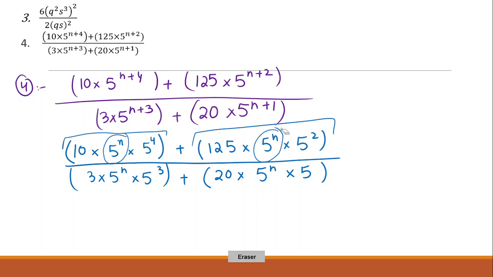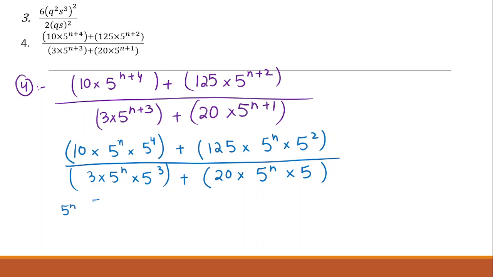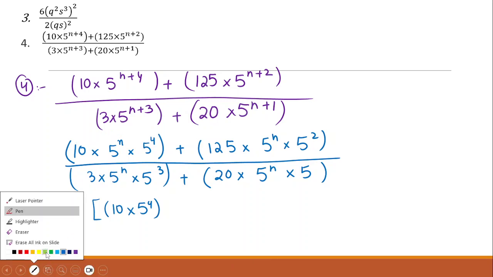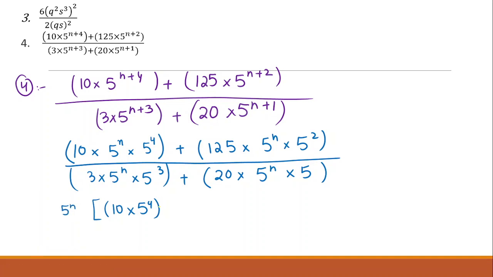So I can write 5 to the power n outside, and make a square bracket with 10 multiplied by 5 to the power 4, which is what is left in the first term, with a positive sign.